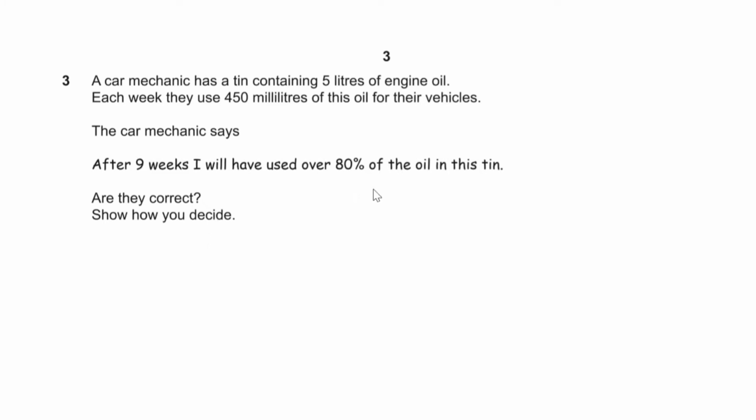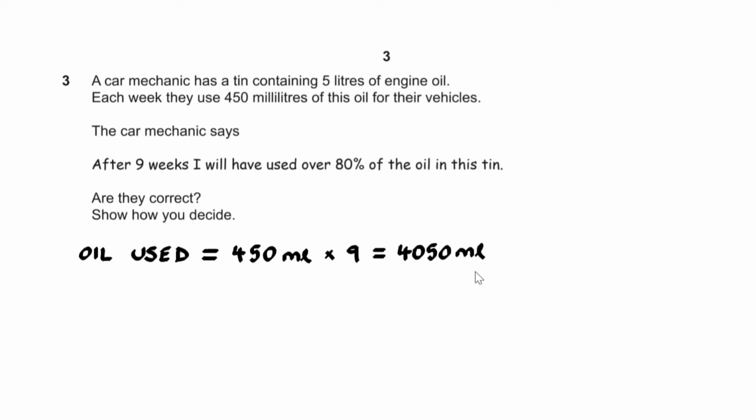Well, what we can do is find out how much oil has been used. For the amount of oil used, we have 450 millilitres multiplied by 9, and if we work out what this is, we end up with 4050 millilitres of oil used.